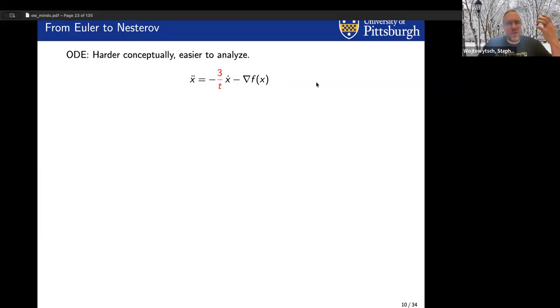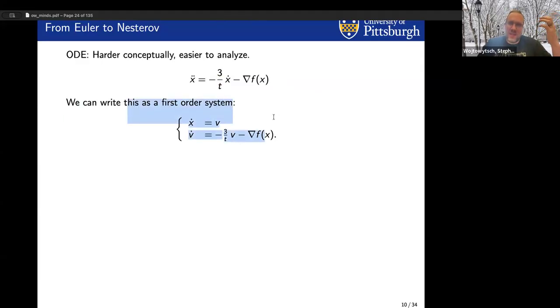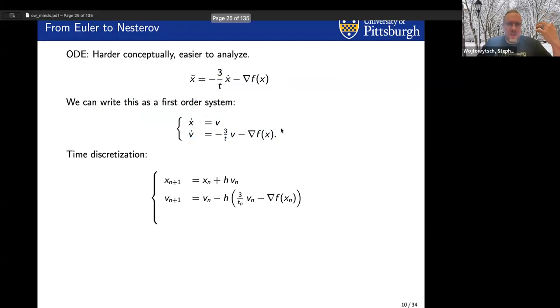But then Nesterov's great idea is a specific time discretization. And so let's write this as a first order system. That is also the starting point for Polyak and the heavy ball method. And this system we can discretize, say, by the explicit Euler method.